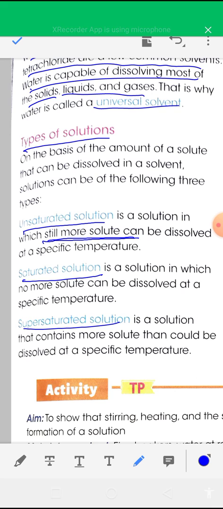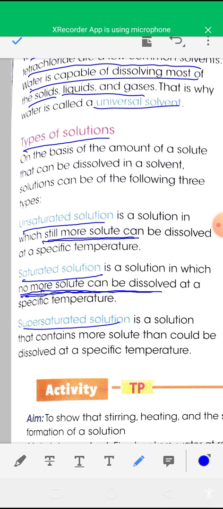Saturated solution. What is a saturated solution? A saturated solution is a solution in which no more solute can be dissolved at a specific temperature. And what is a supersaturated solution?